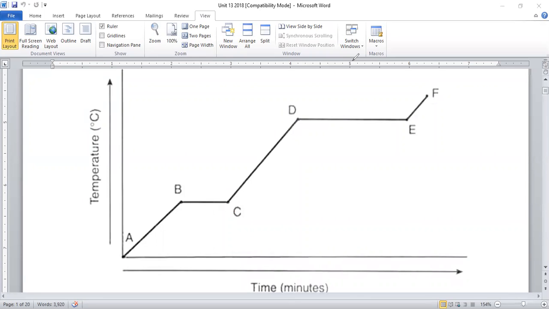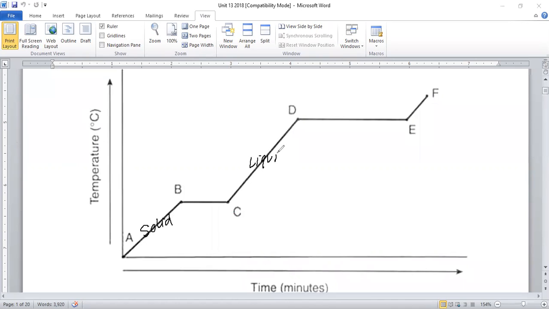Okay, start with some black. So this is a heating curve of water. This is the shape of a heating curve. Basically, you have temperature on the y-axis, time in minutes. It could also be reaction progress. The first line you see is solid. The second slanty line you see is liquid.